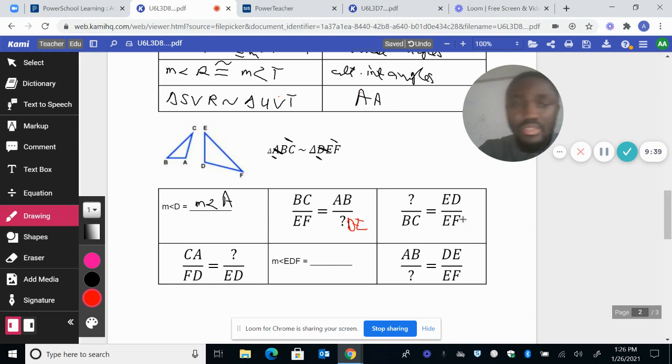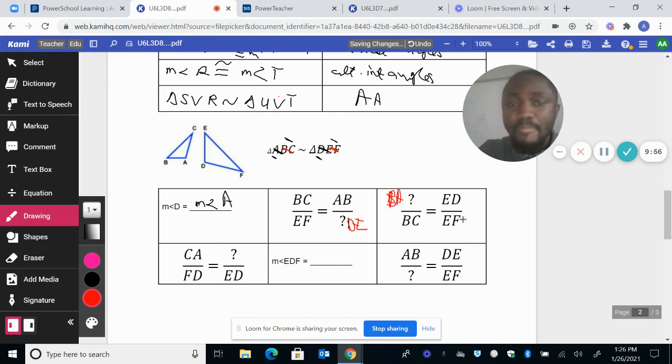That's how it works. And also BC, the last two, corresponds to EF, the last two.